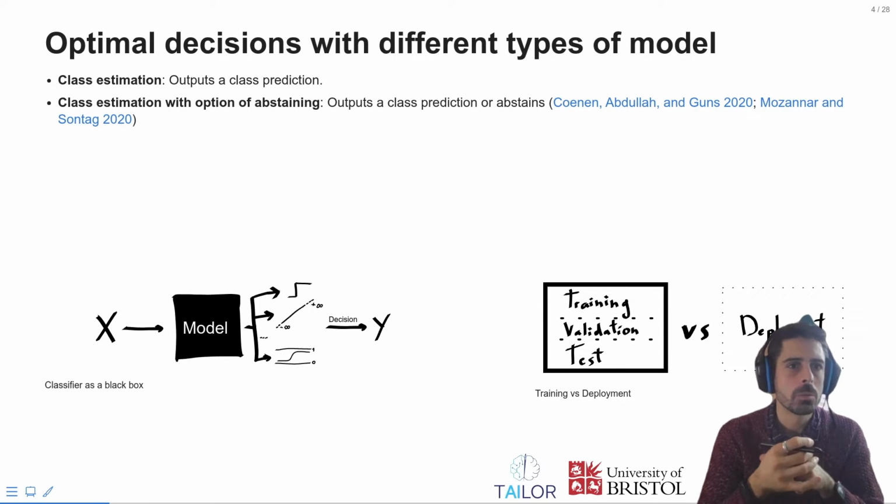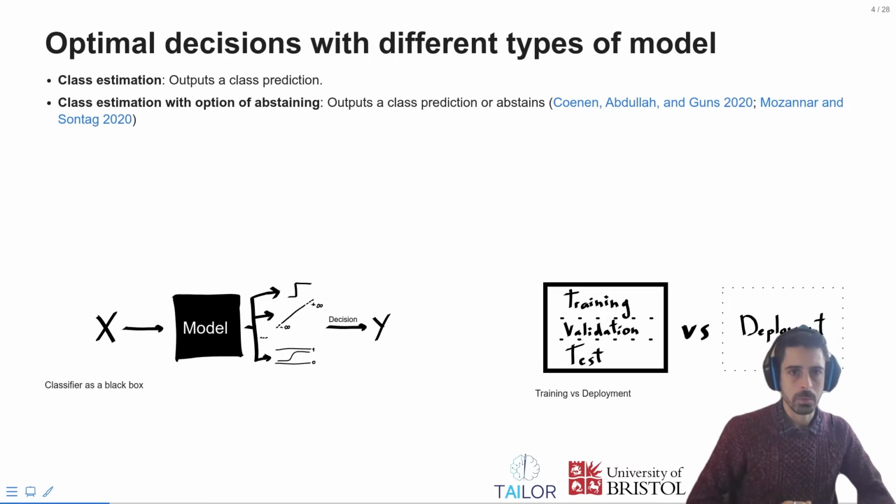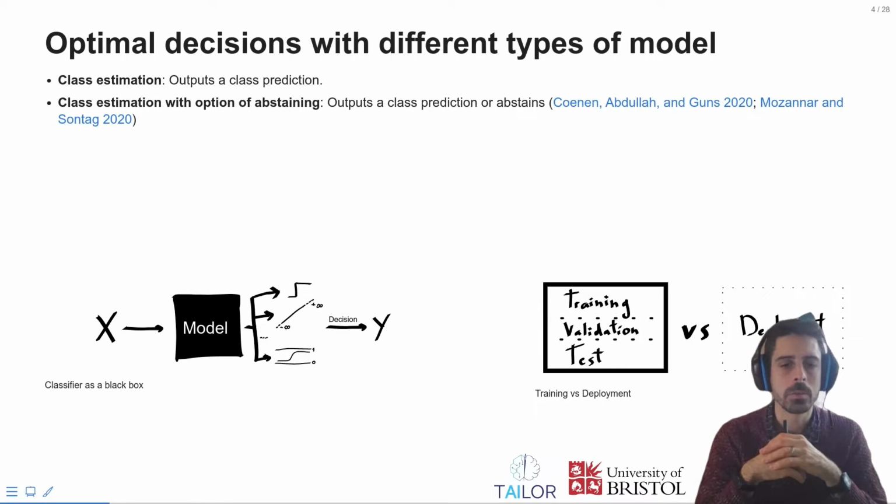There are models that output a class and have the option of abstaining in the cases where the model may not be sure. Imagine that the instance being classified is near the decision boundary. It may be better to abstain. For example, in a medical environment, it may be more prudent to ask an expert or to run some additional tests before making a final prediction.